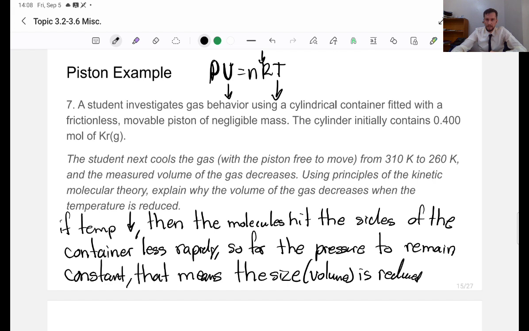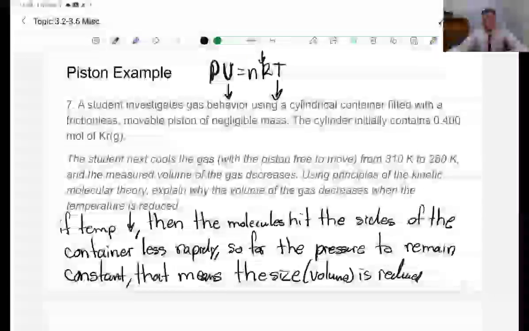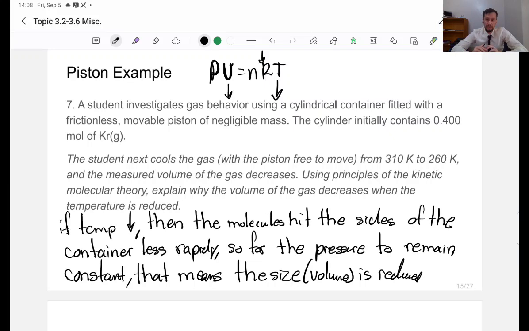But we can also conceptually explain this. If the temperature goes down, then the molecules are moving less. If they're moving less, they're hitting the sides of the container less. If they're hitting the sides of the container less, then there's less collisions with the sides of the piston. The piston keeps constant pressure.